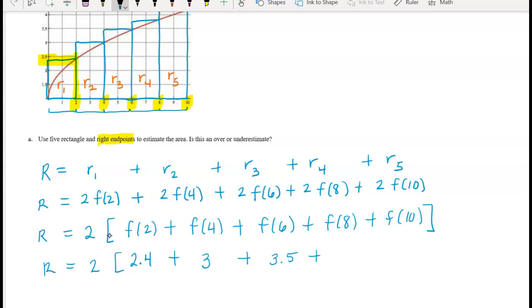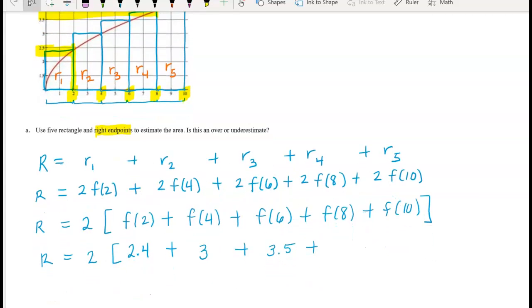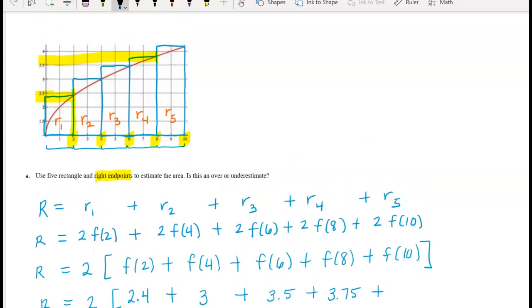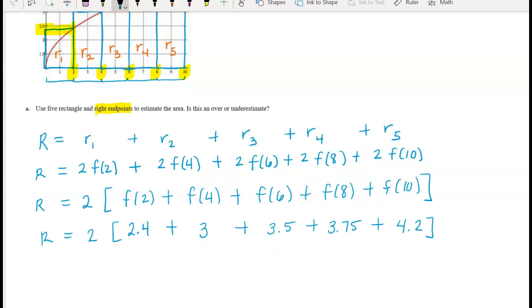And then when x is equal to 8, it looks like the output value is maybe 3.75. And then when x is equal to 10, it looks like we're a little bit above 4, maybe 4.2. This is not an exact science here.